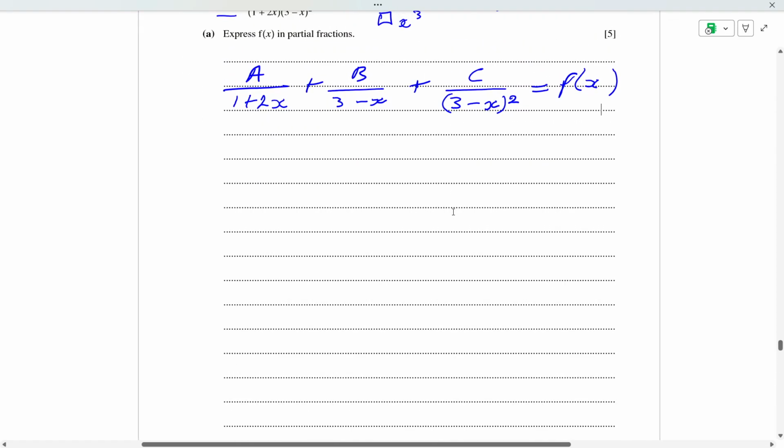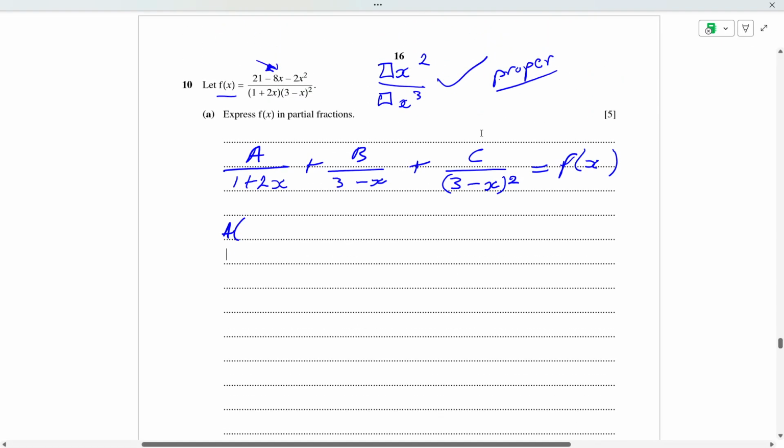So I would say a, then you multiply by the denominator and divide by 1 plus 2x, so the multiplier of a will be 3 minus x squared.